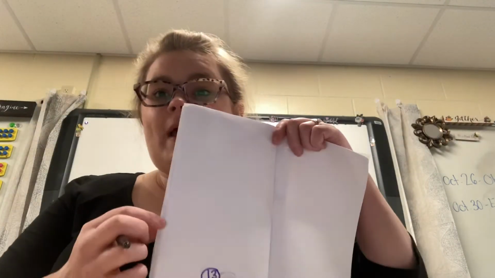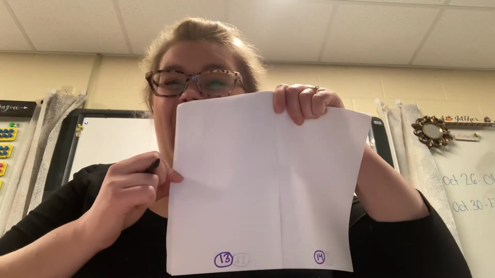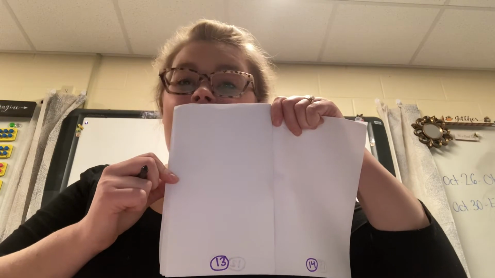At the top of page 13, we're going to make our heading. Our heading for this section of our book is going to be observations. Since that's a heading, I'm going to write it a little bit bigger so that it sticks out from the other things that I write in my book.